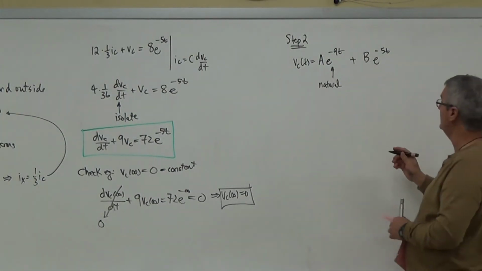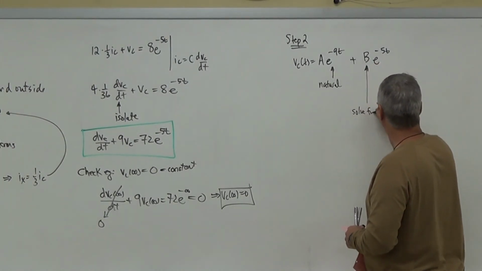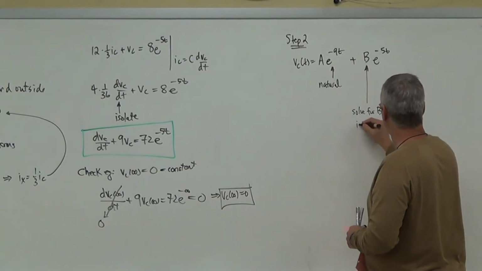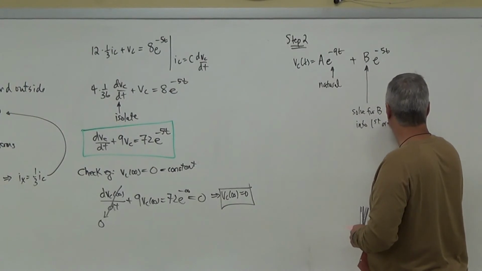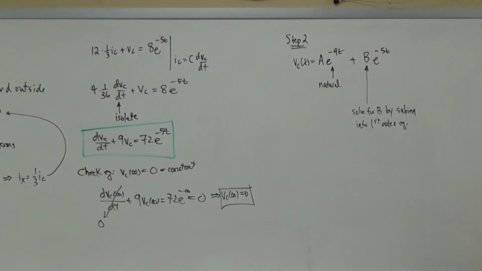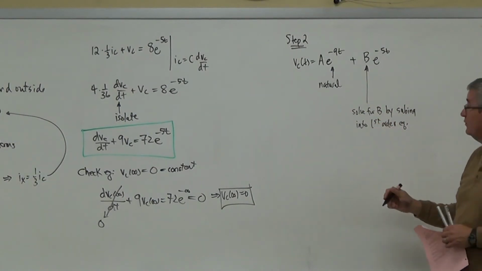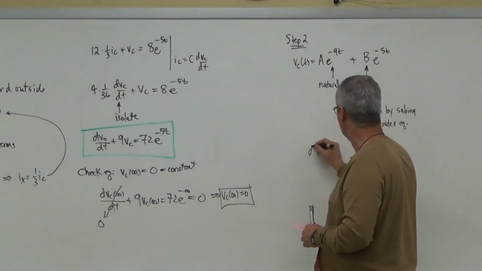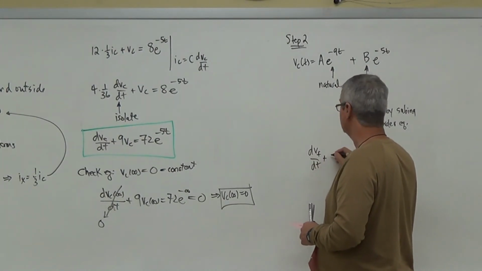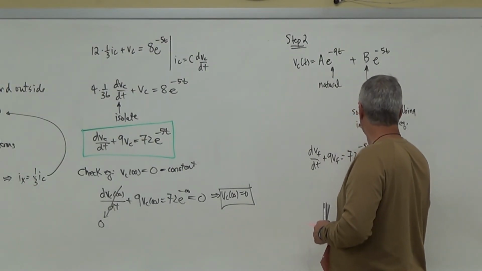So my job now is to solve for b by subbing into the first order equation. It's only the forced response that I have to plug in. I could plug them all in, but we're going to do the forced response. So if I do that, I'm going to get dVf dt plus 9Vf equals 72 e to the minus 5t.